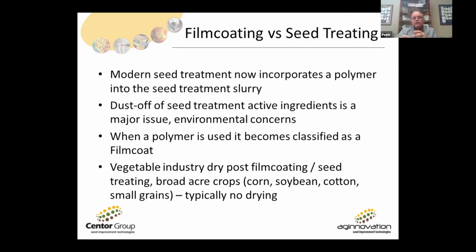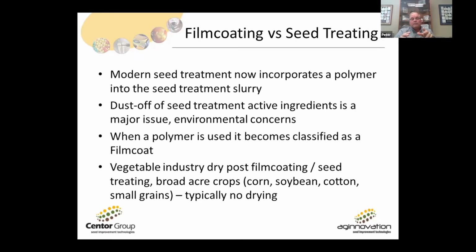Within the vegetable industry, one big difference that is very important to recognize is that there is a drying step post film coating, or any type of coating for that matter, on the vegetable side. That drying step has always been there in the industry because of the packaging requirements of managing humidity and moisture within those particular seed crops.